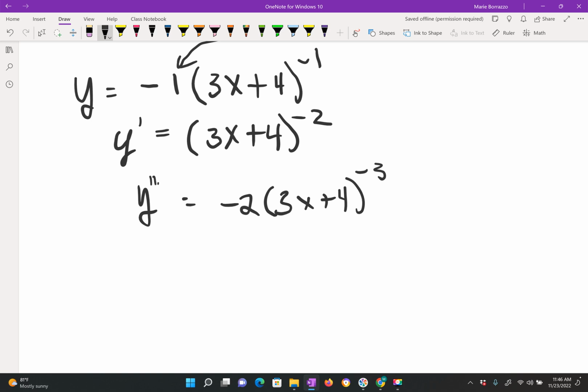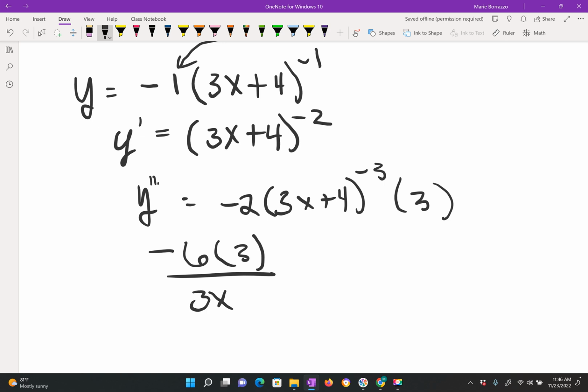So yeah, I should have -6 times 3 over 3x plus 4 to the third. I'm missing something. I don't know what it is that I'm missing.